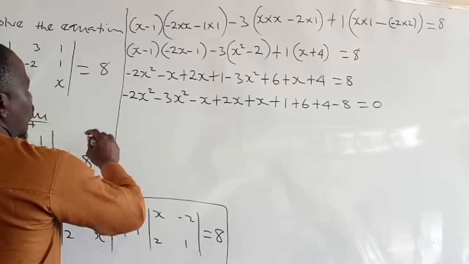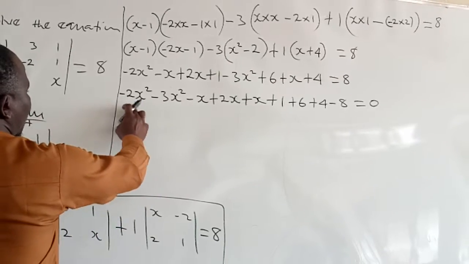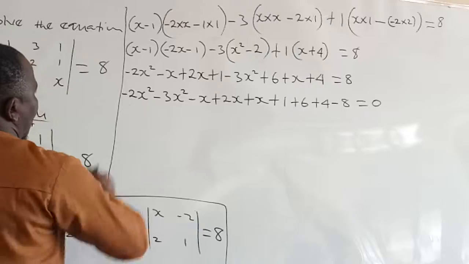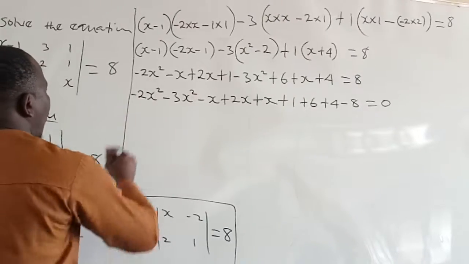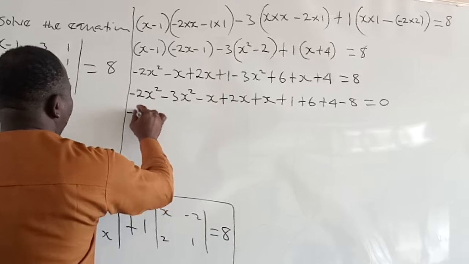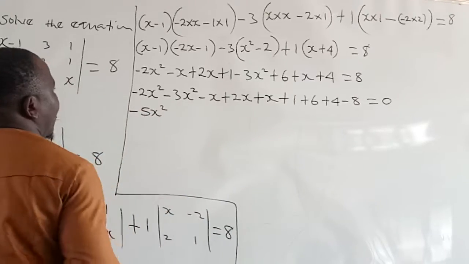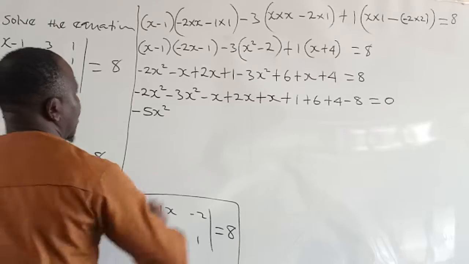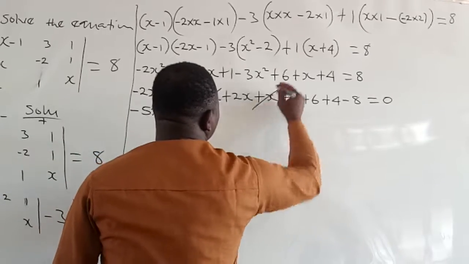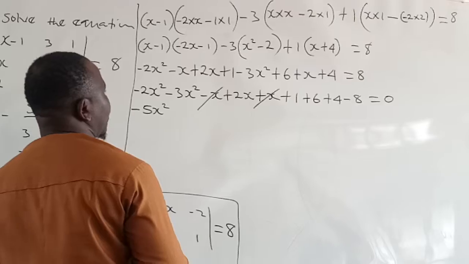Okay. Now, I know some of you will be confused. Minus 2x squared minus 3x squared will definitely give us minus 5x squared. And without loss of generality, this and this will go. Okay?